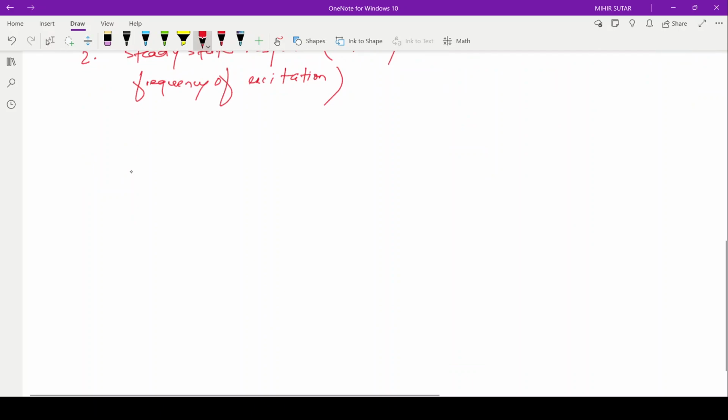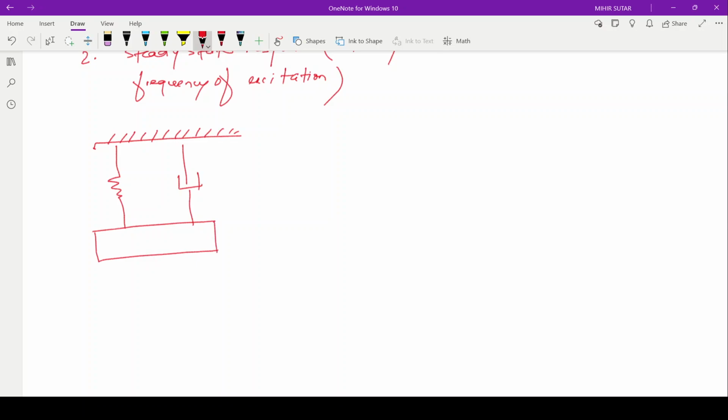So to draw an example, let's say we have a spring mass damper system. This is the spring, this is the damper. Let's say mass is m, and one harmonic excitation force F is F0 sin omega t.